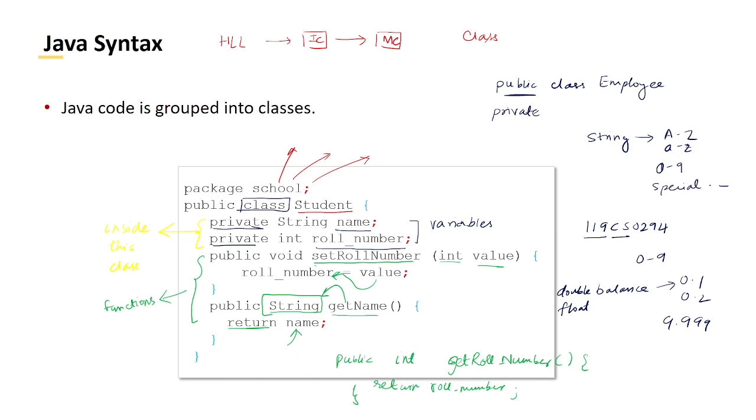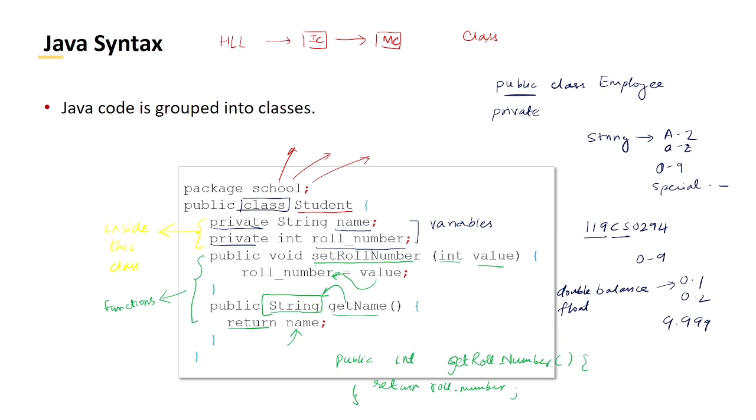So this was the general overview about the Java syntax that we use. As we move ahead in this course, it will be very easy for you to understand and grasp this. Maybe now it would be a bit overwhelming because there is a lot of information we have discussed.